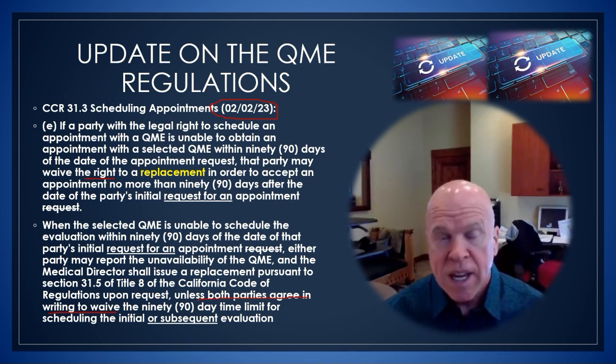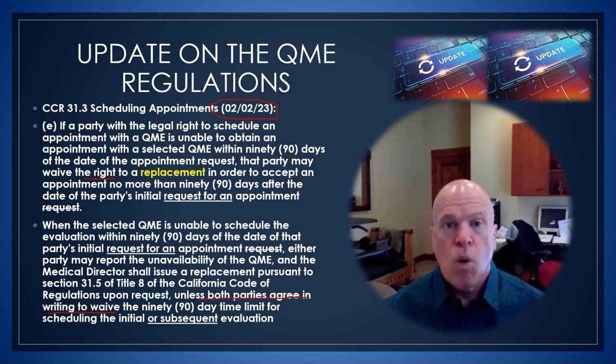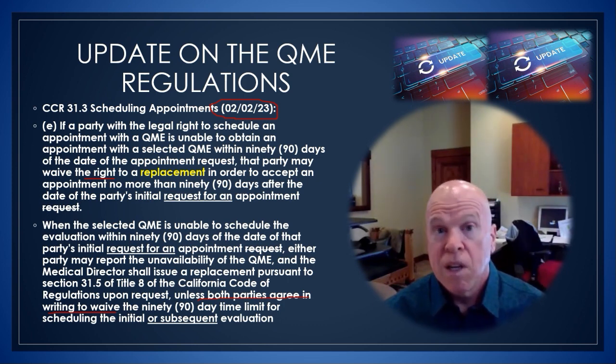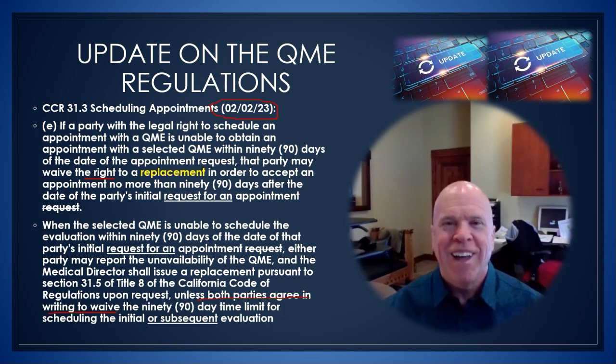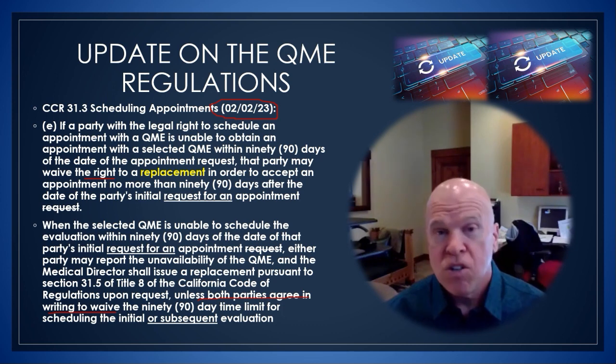If you hope to retain this case, no questions asked, right, with no issues and no opportunity for the parties to request a replacement panel, the correct answer is less than 90 days. I'm scheduling appointments less than 90 days. And you can fill in the blank.